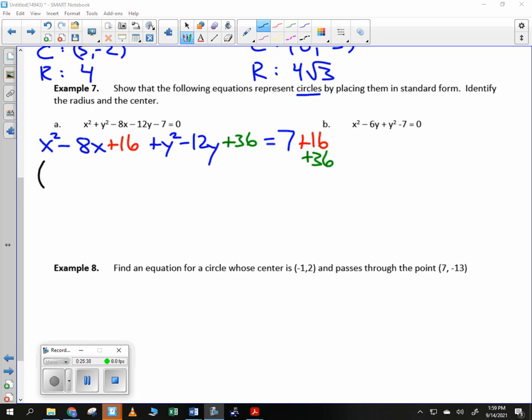What does this factor down to? X minus 4 squared plus y minus 6 squared equals 59.